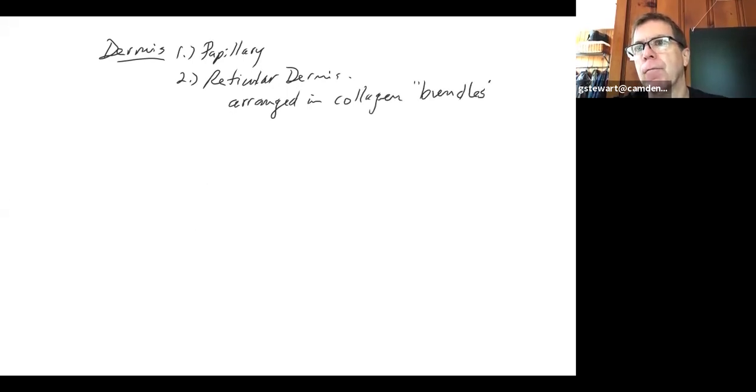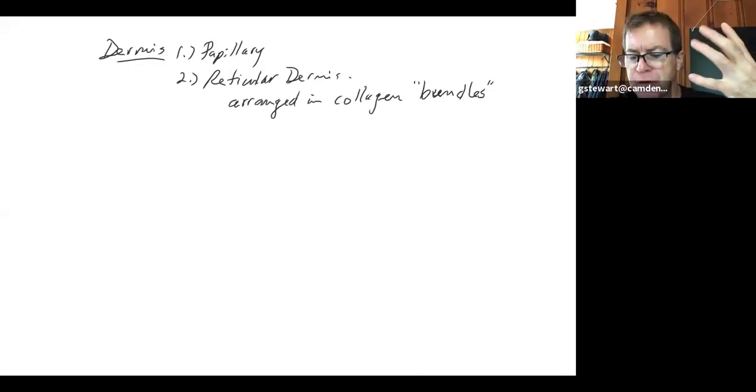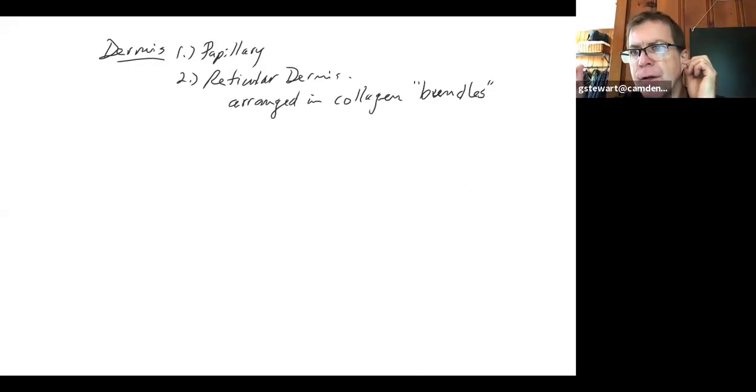And we can't see these, that's a U, by the way, B-U-N-D-L-E-S. We can't see these bundles from the surface of the skin, but they are there. And occasionally we can see them, depending on the situation, but typically we cannot.